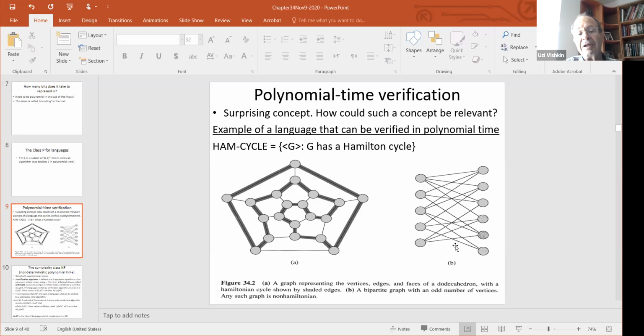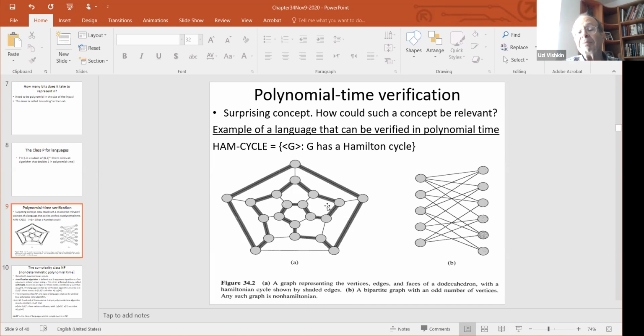So I hope that this demonstrates the problem. So what is the verification in this context? The verification is the following. Give me a graph where you claim that you have a Hamilton cycle, but it's not enough that you claim it. You actually show me the Hamilton cycle, like here.